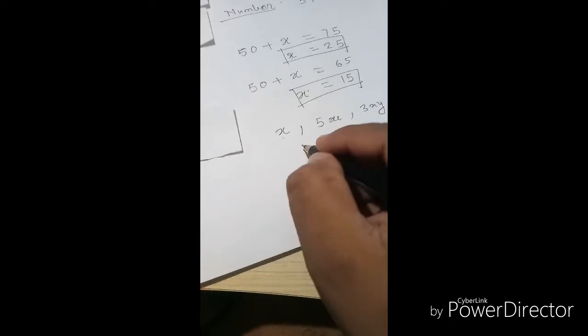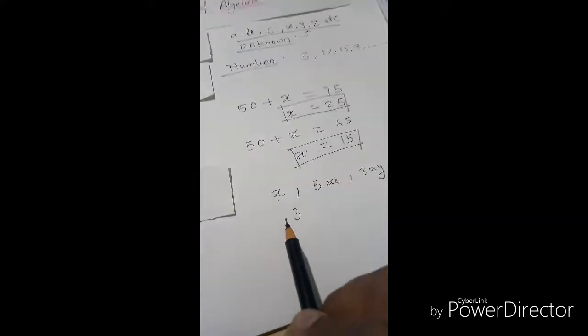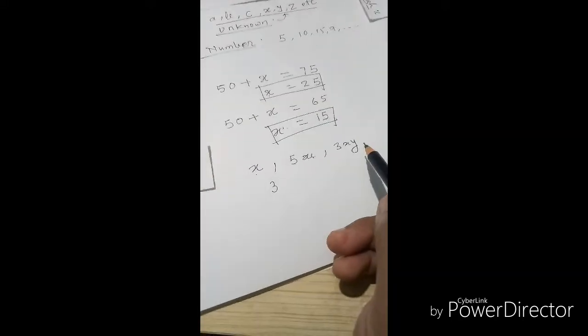If I write just 3, this is also a term without a variable. So these are all single terms.